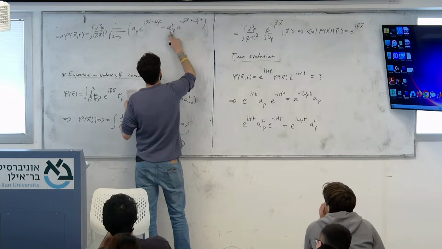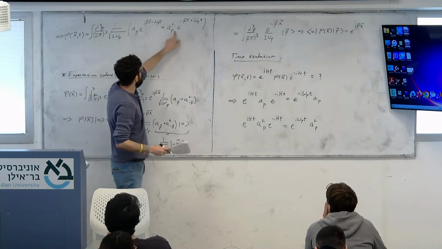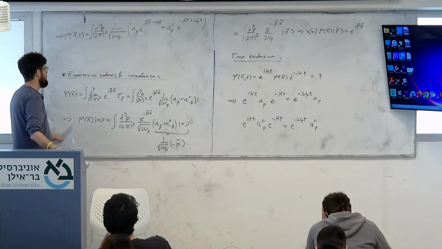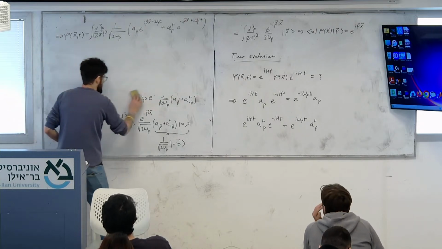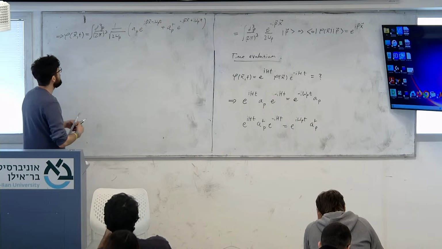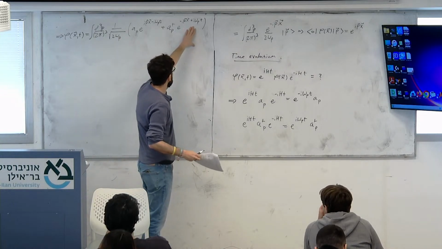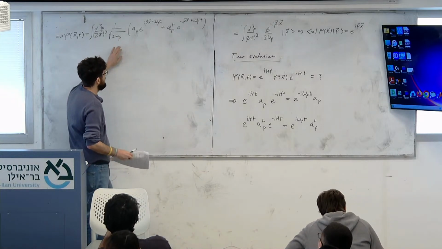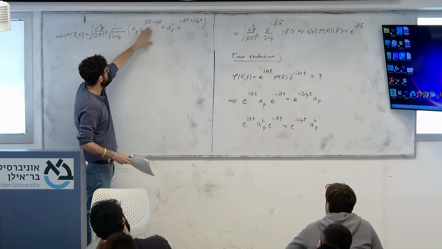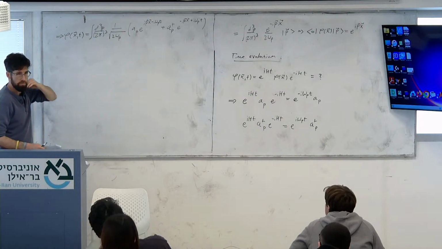Okay, sorry, this is plus. So I substituted the plus and minus here. Everything else transforms accordingly. So what people like to say is that this creates a particle propagating like a plane wave, and this creates an antiparticle propagating in the opposite direction. Okay?